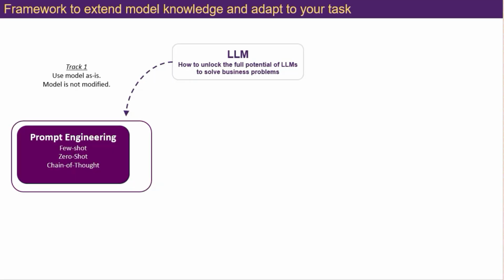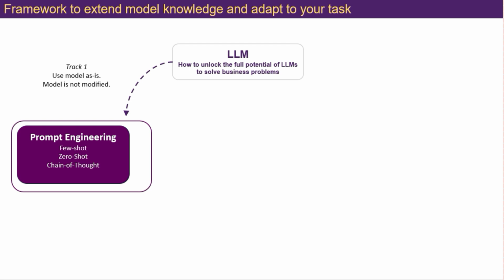Okay, so to extend model knowledge and use it for business, here is a high level framework. I'll talk at a high level on the 3 tracks and then we'll do a deep dive into each one of them. The first track is using the model as is. Here the model is not modified.